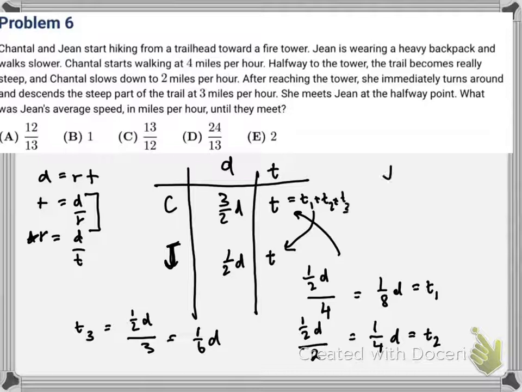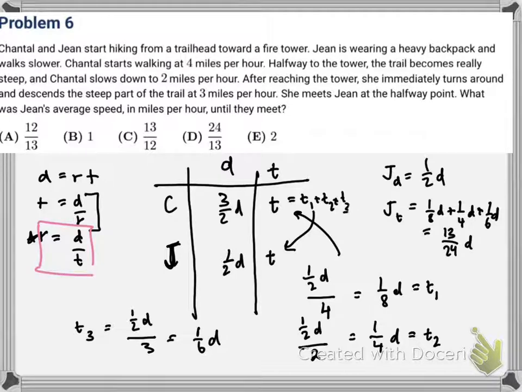So really now what I've got is that Jean's distance was 1/2 D, and Jean's time was 1/8 D plus 1/4 D plus 1/6 D, which I can then rewrite as 13/24 D.